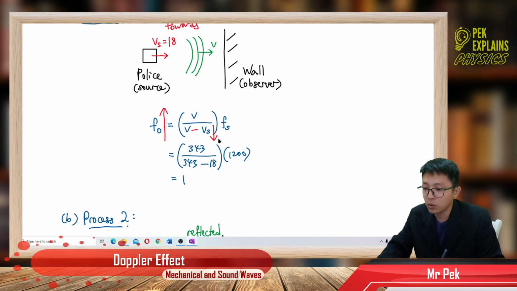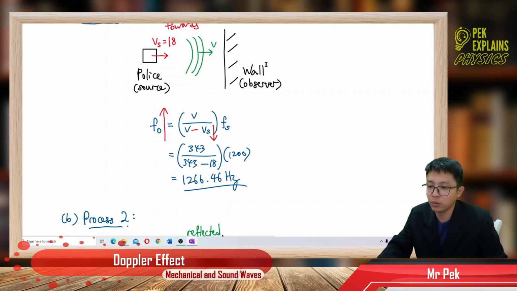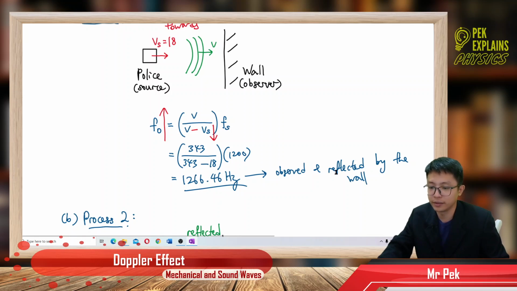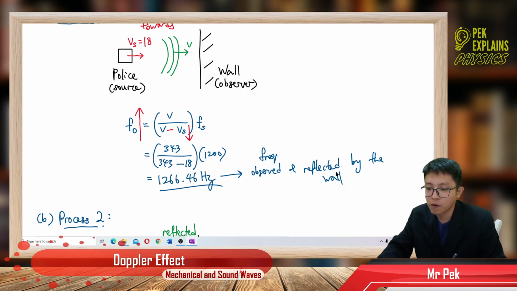So we get 1266.46 hertz. This is the frequency observed by the wall, and also reflected by the wall.